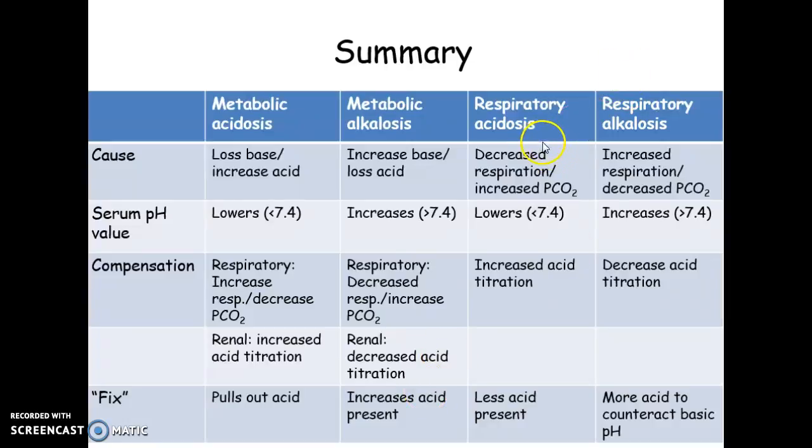For respiratory acidosis, decreased respiration, the body is holding on to CO2. Compensation, the kidneys are going to increase acid titration. Respiratory alkalosis, increase in your respiration, blowing off CO2, decrease that acid, and allow for bicarbonate to build up.